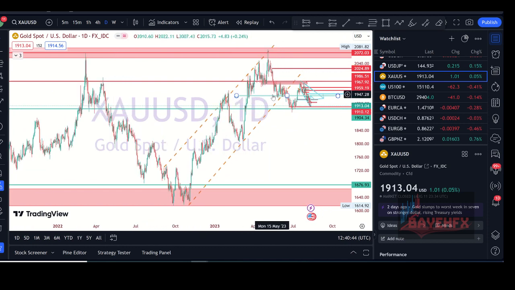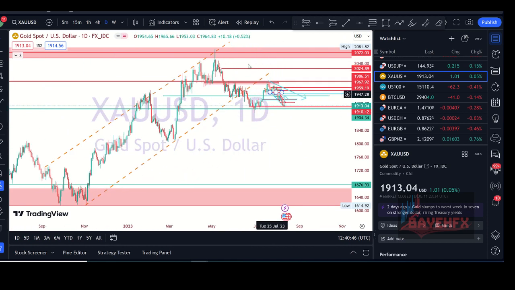We're in a ranging market on gold. We finished that breakout. This was a breakout on gold weekly, and then we came back to test. So we're now in a bearish continuation on gold.